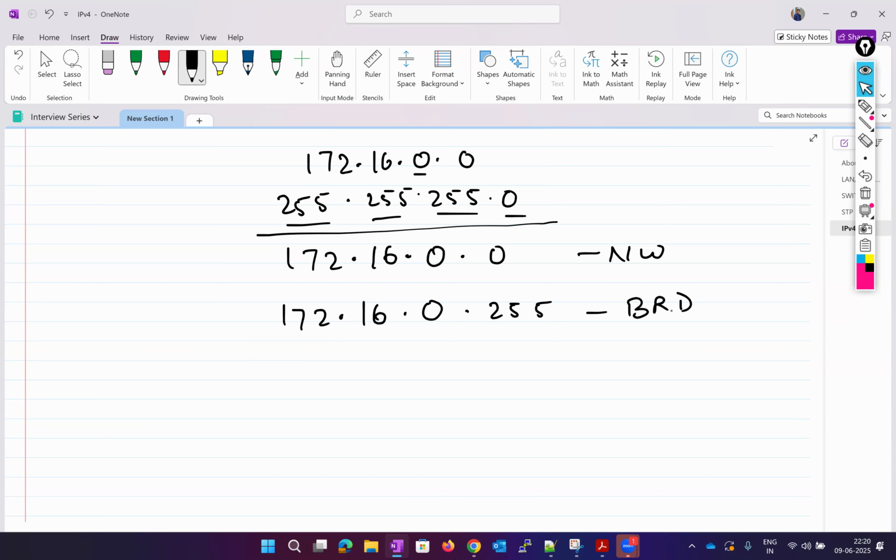Now, second part, using the same thing, find out the total number of subnets and total number of hosts per subnet.